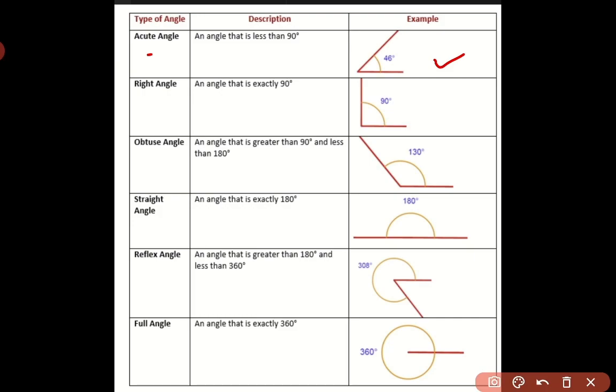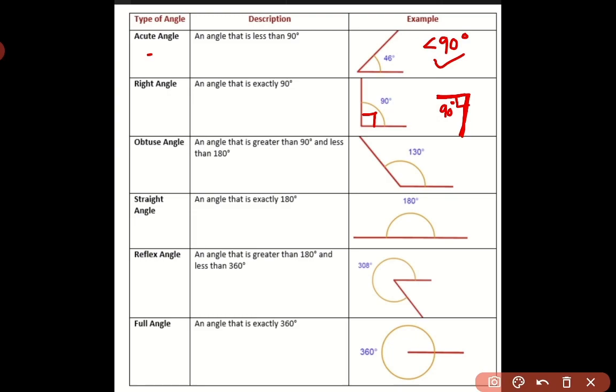An acute angle, 46 degrees, is acute because it is less than 90 degrees. A right angle is exactly 90 degrees, and you can have a 90 degree angle like this as well. This is also an example of a right angle.